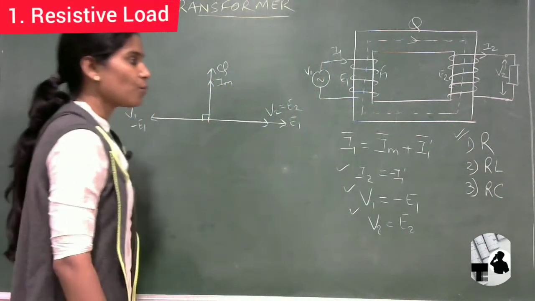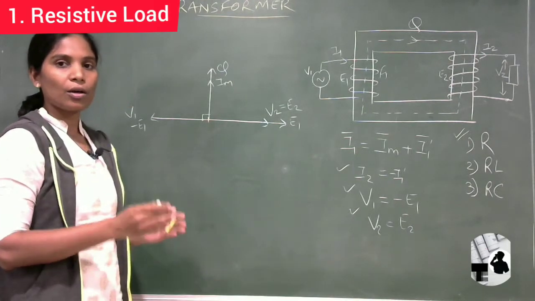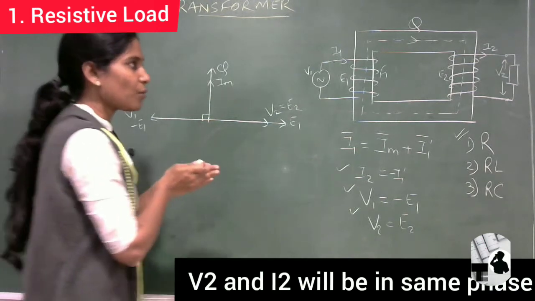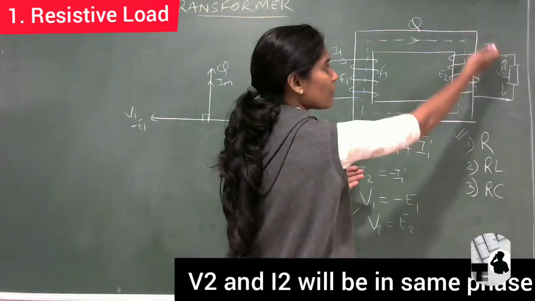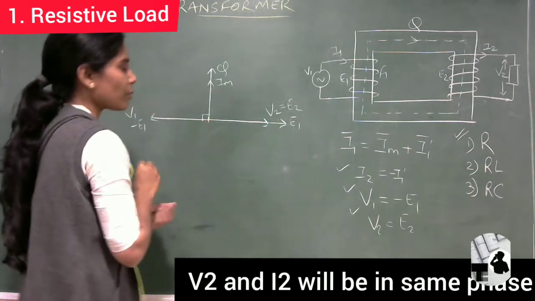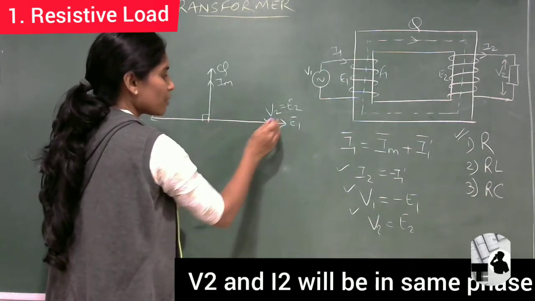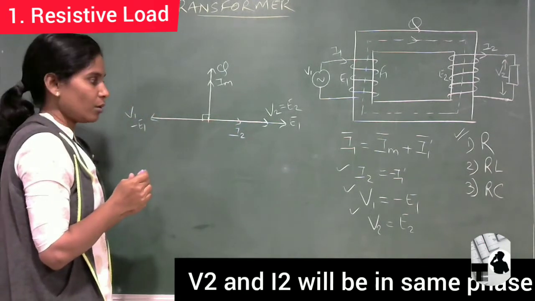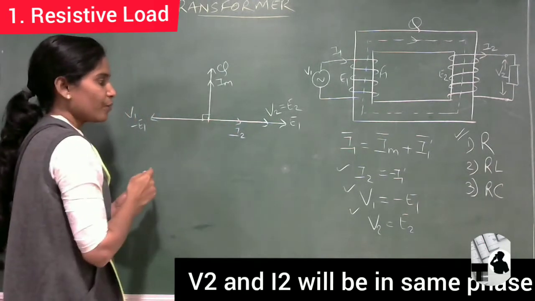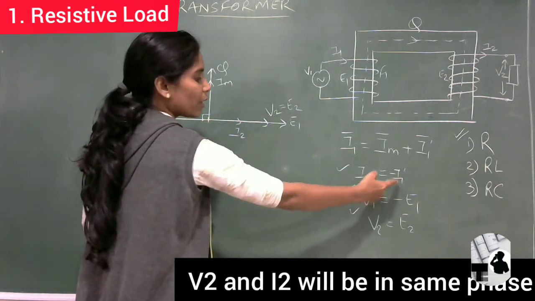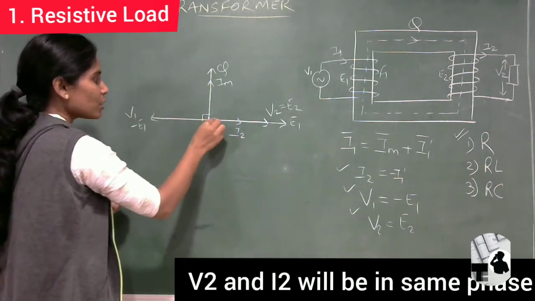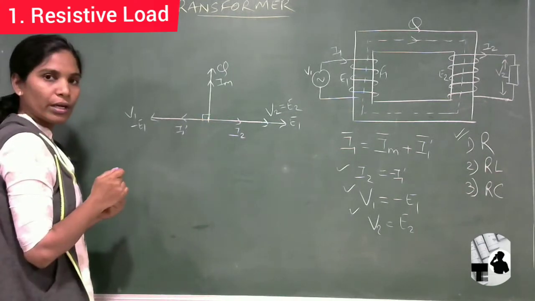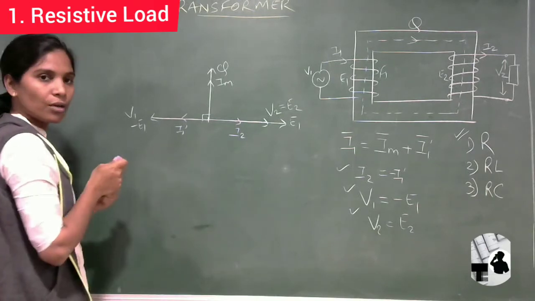For a resistive load, voltage and current are in the same phase. There is no phase difference. So whatever voltage we get here, in the same phase we will get the current also. If this is the phasor for voltage, then in the same phase we get the current I2. So what will be I1 dash? It is opposite to I2, so it will always be in phase opposition.